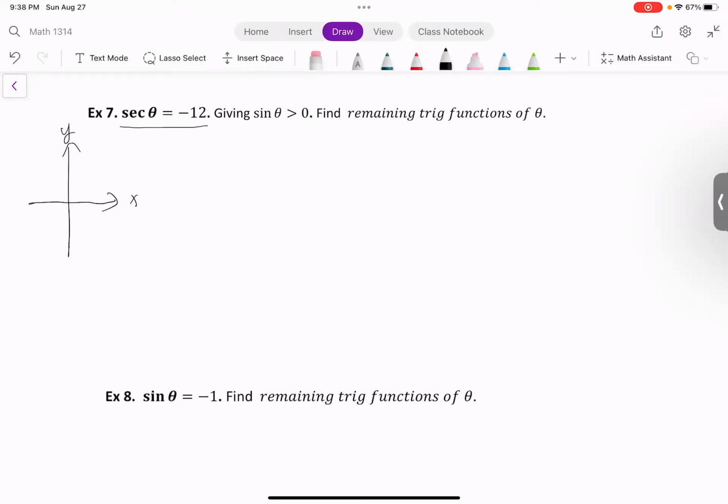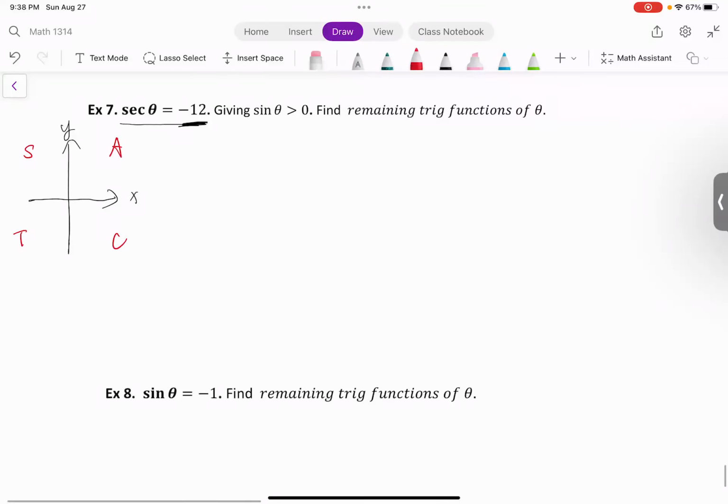Secant is the reciprocal of cosine, which also means cosine is negative. Let's put ASTC here. All positive in the first quadrant, sine is positive in the second quadrant, tangent positive in the third, cosine is positive in the fourth quadrant.